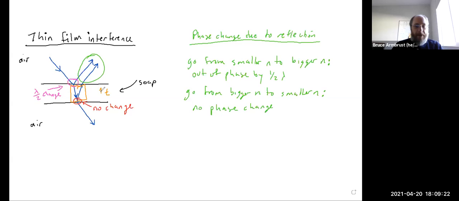If we say that this film has thickness t, that second ray, the one that went through the soap, so I'm going to call that ray number 2, actually travels a greater distance, basically 2t greater distance.